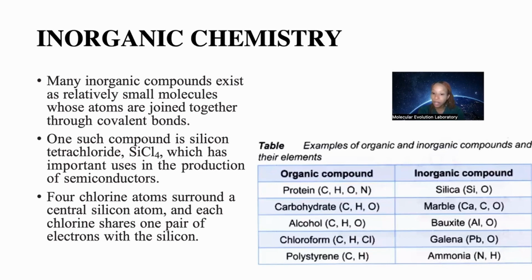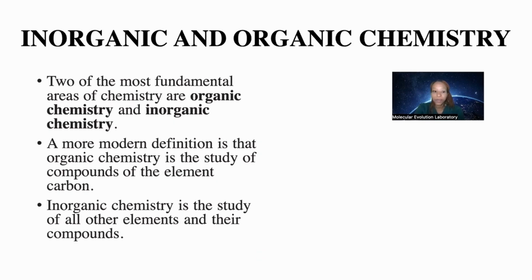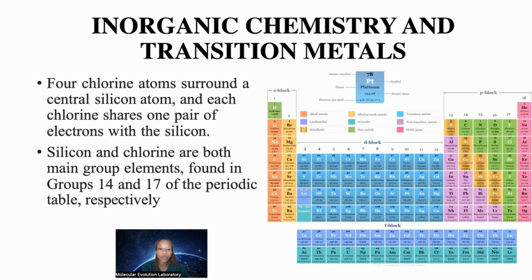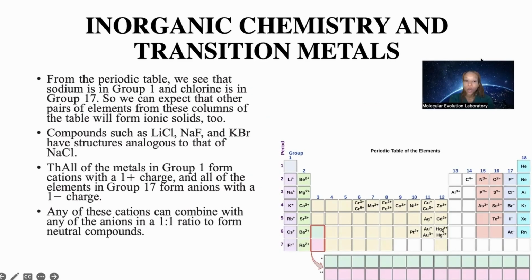As we can see here, silica, marble, bauxite, ammonia, these are all inorganic compounds. Silicon and chloride are both main group elements found in group 14 and 17 of the periodic table. Sodium is group 1, chloride is in group 17, so we can expect that other pairs of elements from these columns of the table will form ionic solids too.